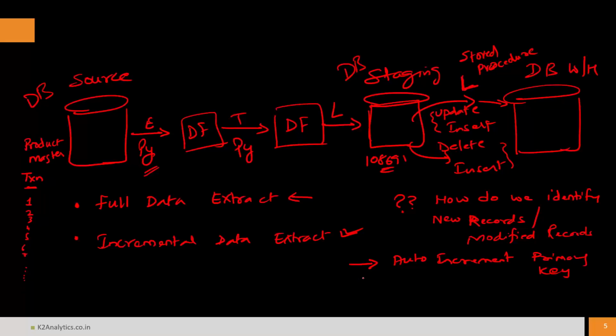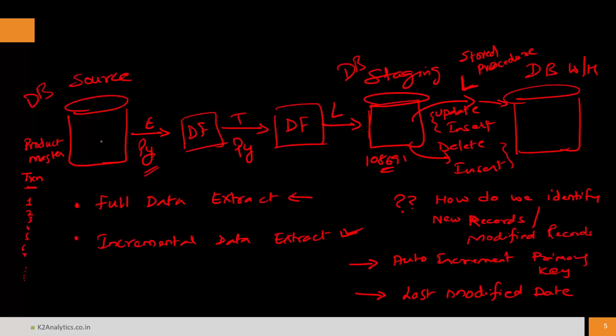The second important thing is, if someone has designed the OLTP system properly, there will always be a column which will say last modified date. So you have to be very watchful to see whether the table which you are extracting has an auto increment primary key and has a last modified date. Okay.